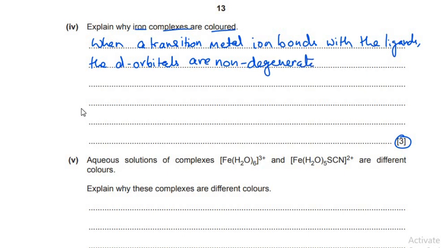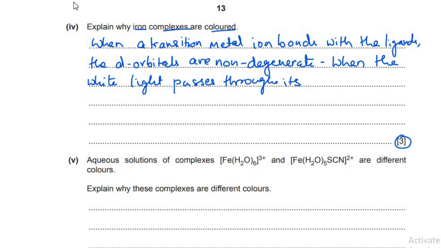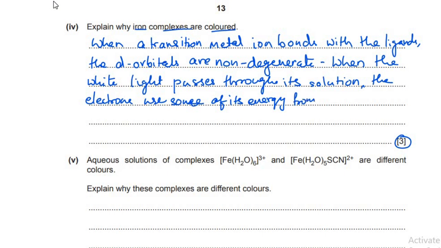They are non-degenerate orbitals. And when the white light passes through its solution, the electrons use some of its energy from the visible region of the white light.